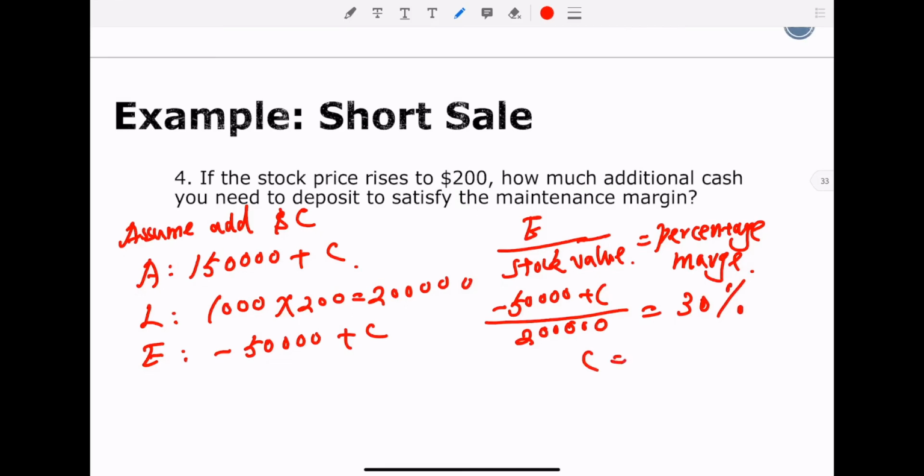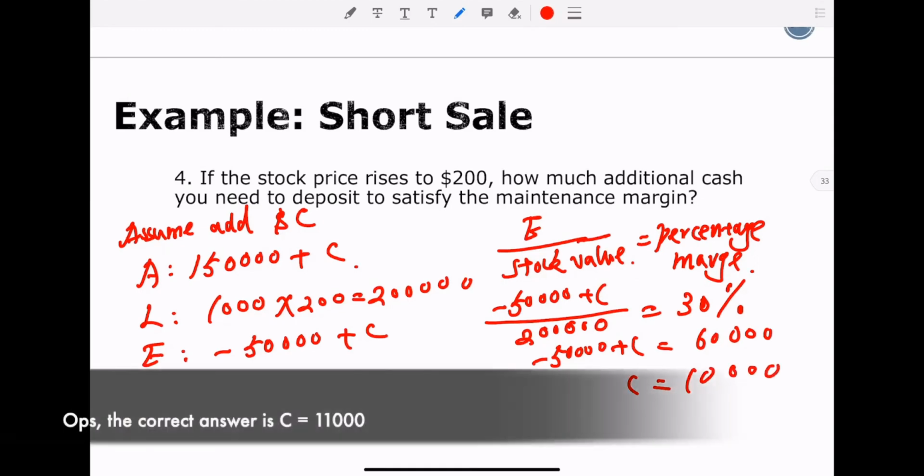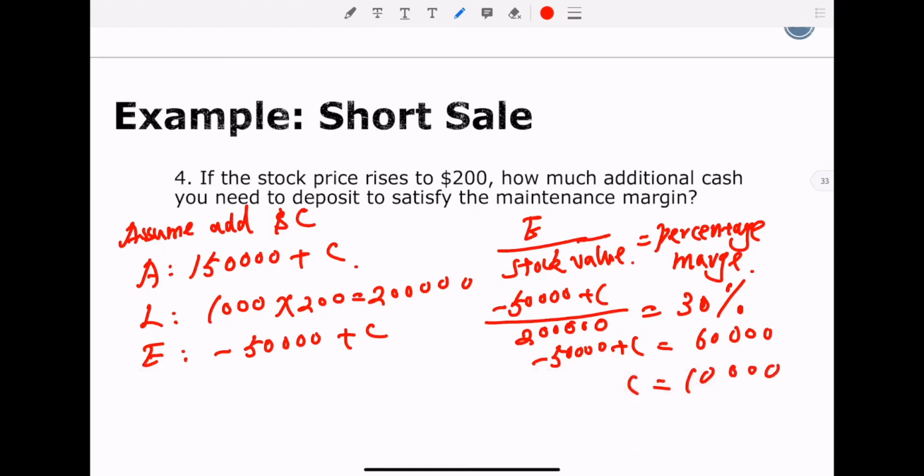So C equals, okay, let me do this one step by one step. So this is essentially minus $50,000 plus C equals, oops, I think it's $60,000, right? Well, because what you're doing is using $200,000 times 30%. So here C equals $10,000, right? So you have to deposit $10,000 to satisfy the maintenance margin.